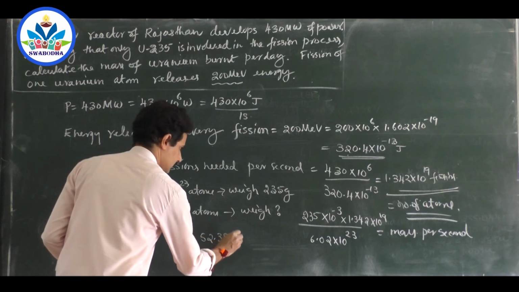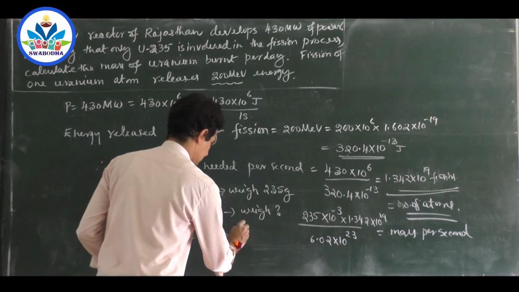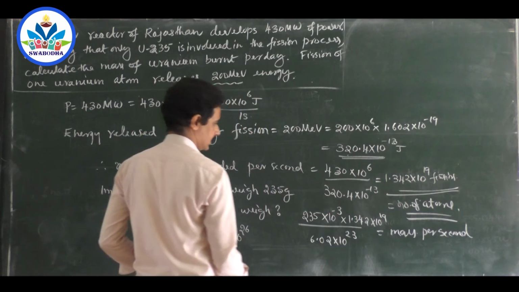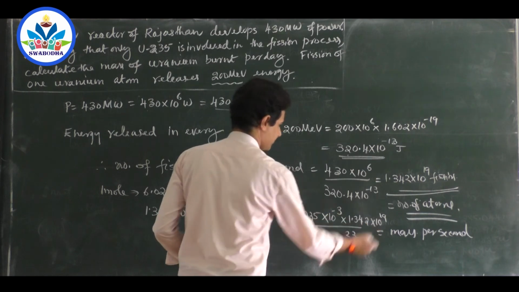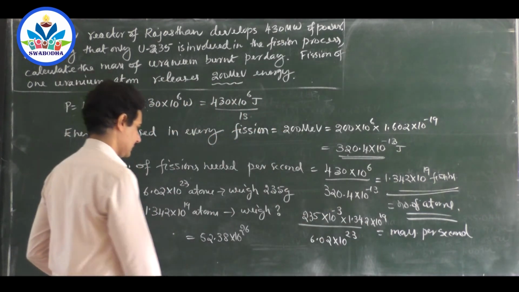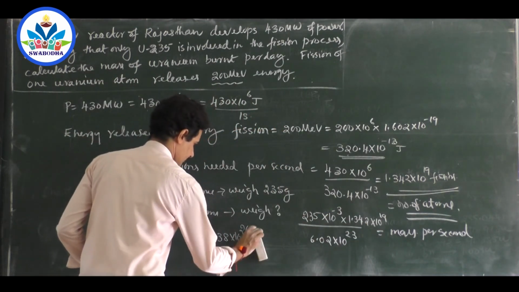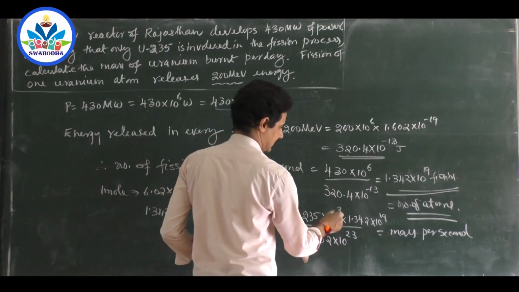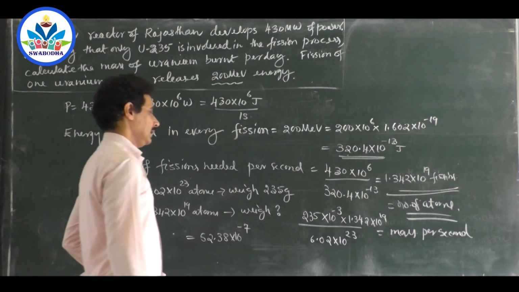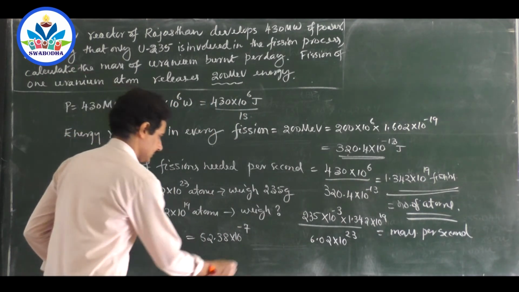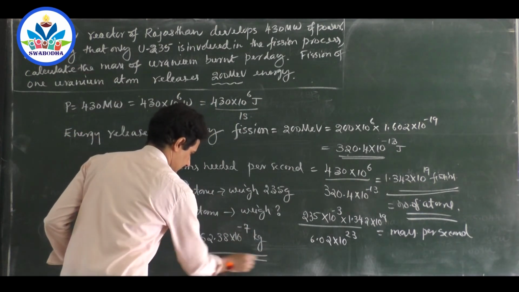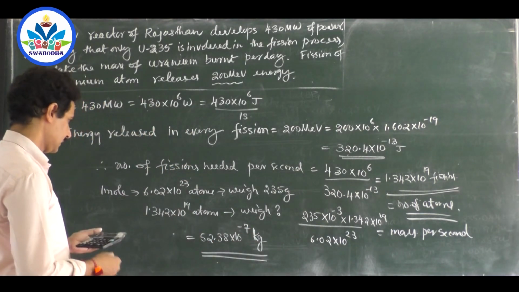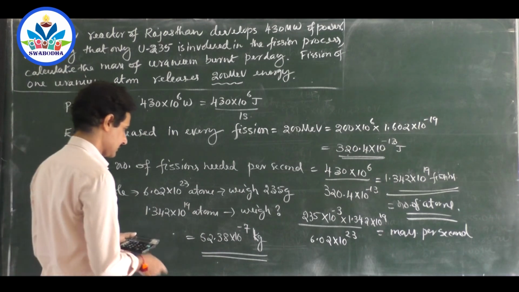52.38 into 10 to the power 26. This is minus 26 plus 19, it is minus 7 kg. 52.38 into 10 to the power minus 7 kg.